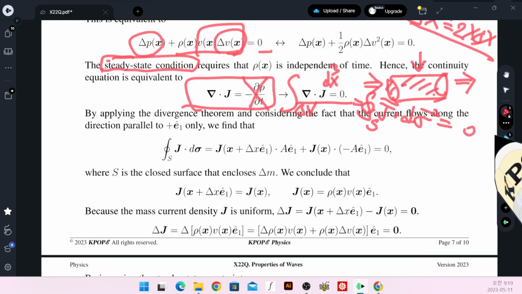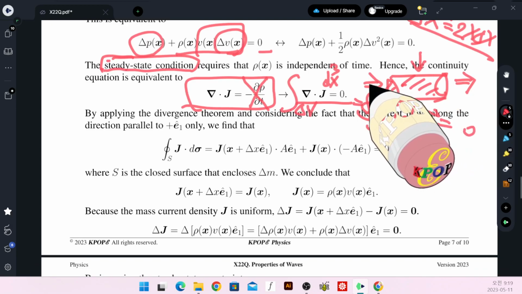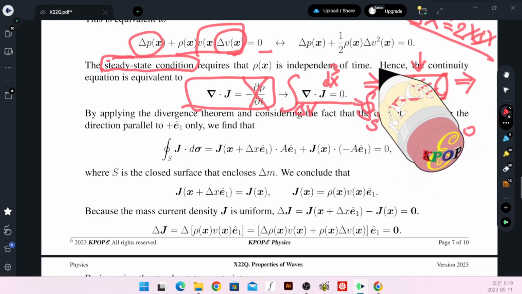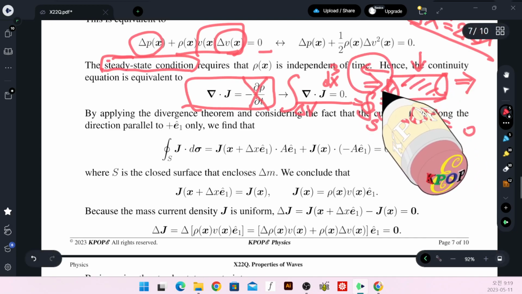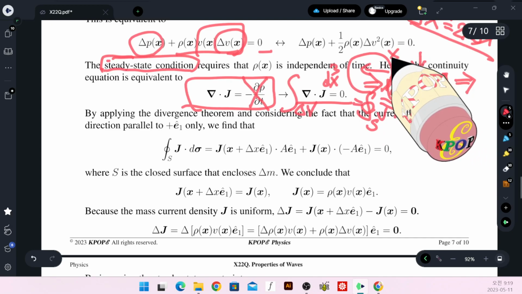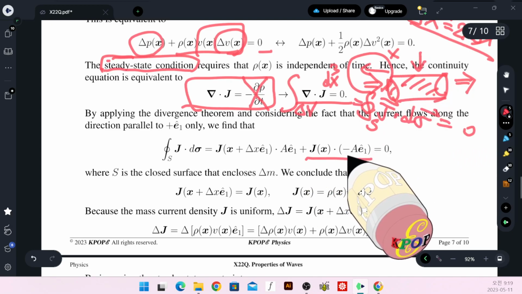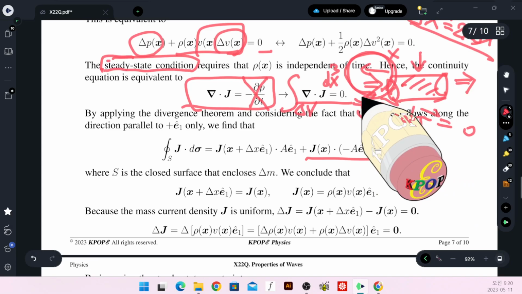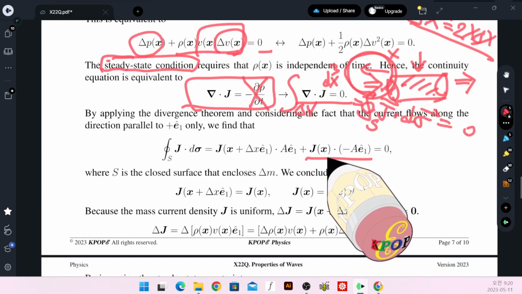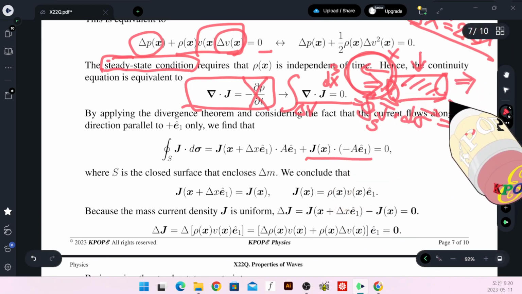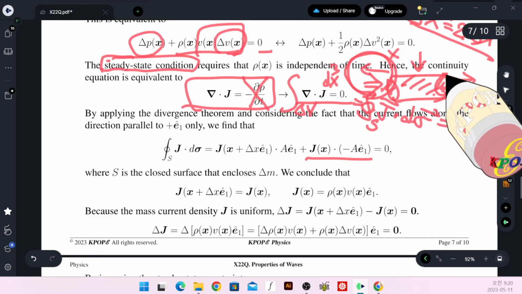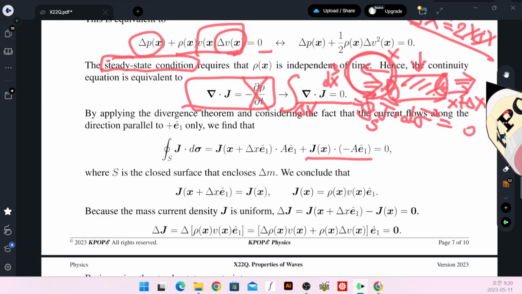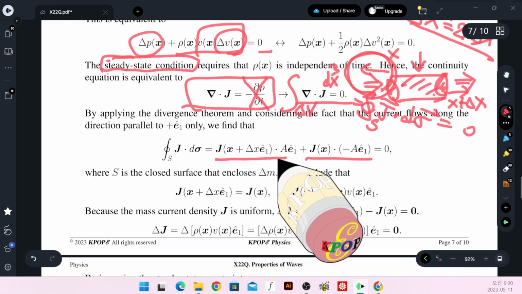Therefore, this flow and the normal vector of the surface are opposite. So evaluated at x, it has a negative sign in the flux contribution. On the right side, evaluated at x plus delta x, we have a parallel component of the normal vector of the surface and the current. Therefore, this is a plus.